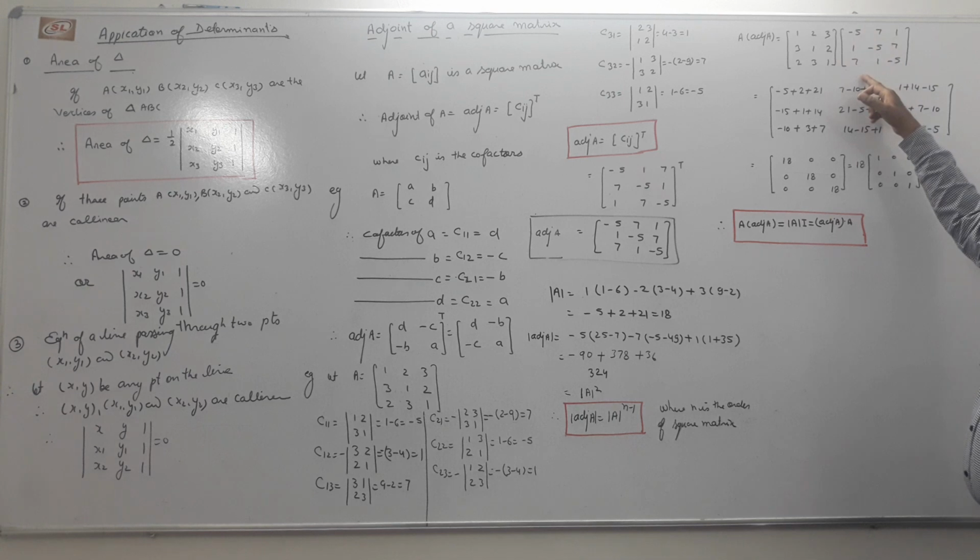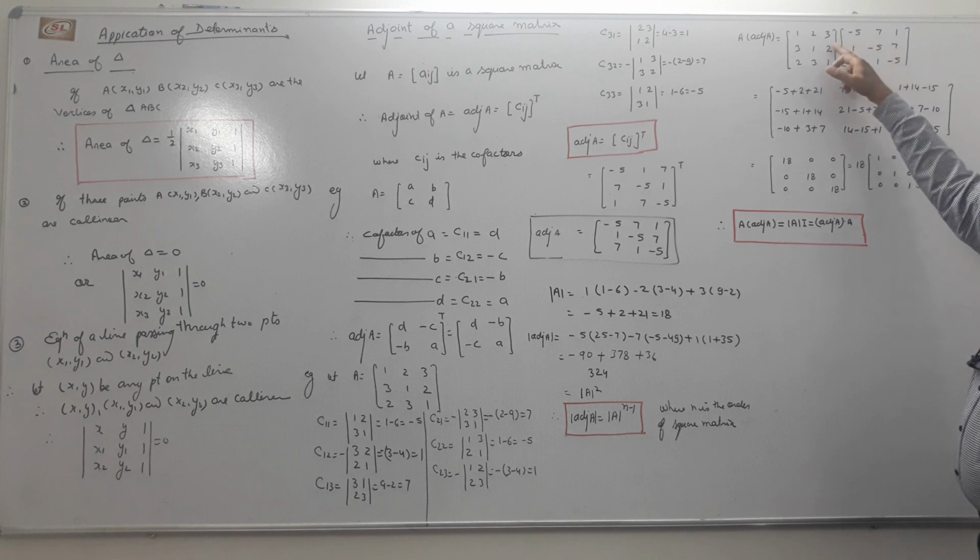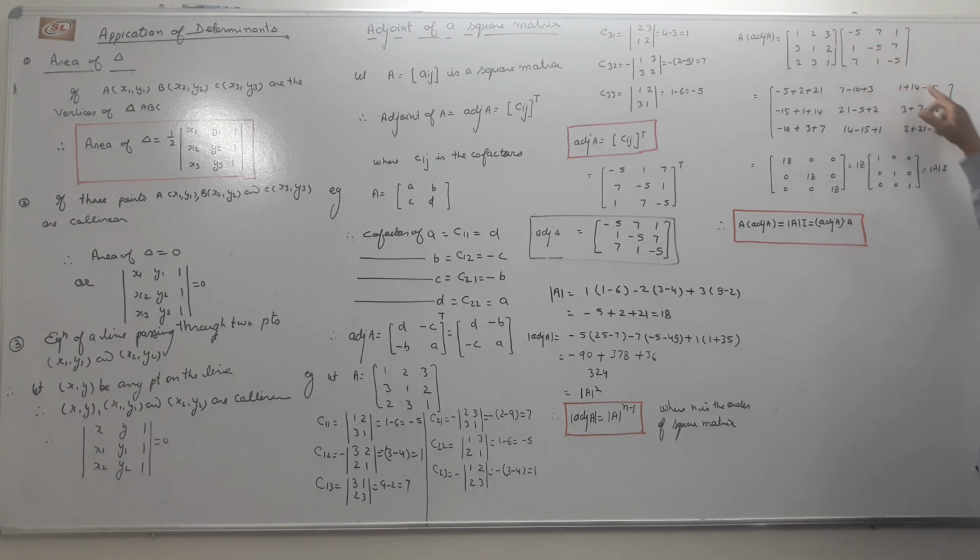First row multiplied by first column: 1 into minus 5, 2 into 1 and 3 into 7. First row multiplied by second column: 1 into 7, 2 into minus 5 and 3 into 1. Then first row multiplied by third column: 1 into 1, 2 into 7 and 3 into minus 5. Then we get the first row.